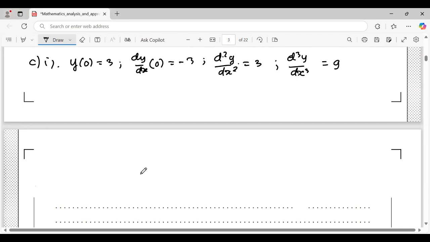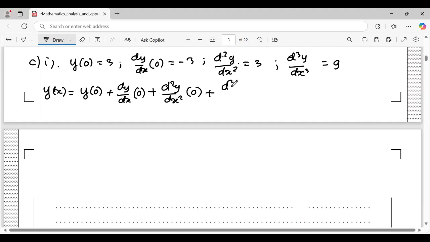The Maclaurin series expansion of the function y(x) about x equals 0, we can write the formula like this: y(x) equals y(0) plus dy/dx at 0 times x, because x equals 0, plus the second derivative at 0, and the third derivative at 0 as well, plus so on.